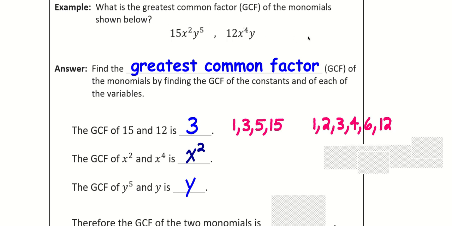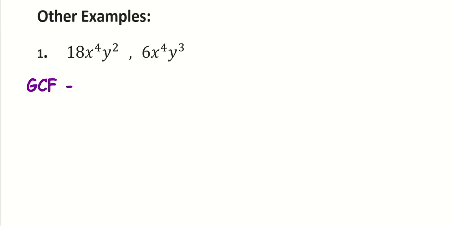Or if there was a third monomial, basically overall, it's the smallest power for that variable. And then if you want to find the greatest common factor of y to the 5th and just y, or technically y to the 1st, you just go with the smallest power, y to the 1st, and then you just put it all together. The overall GCF, like we went over, is that.